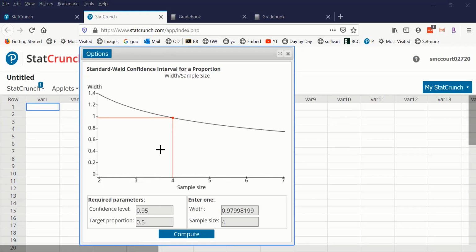We have 3 things that we put in to get our sample size: confidence level, target proportion, and width. So let's talk about each one. 1, the confidence level. That's given to you in the problem as 95% or 99%, so we just have to write that as a decimal.